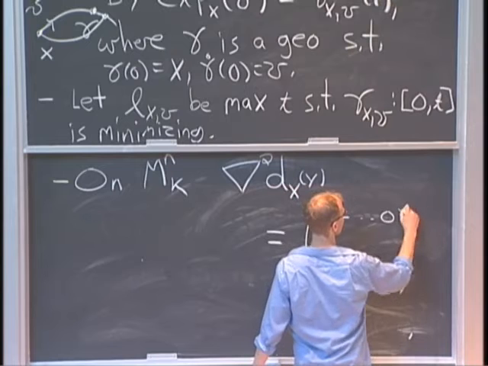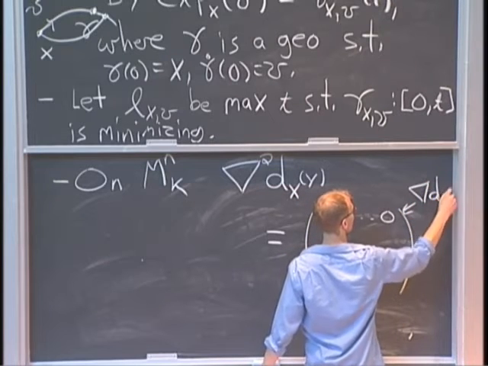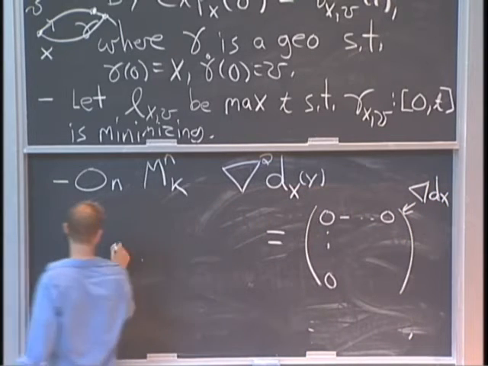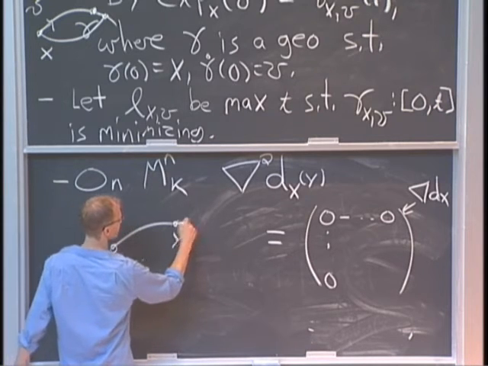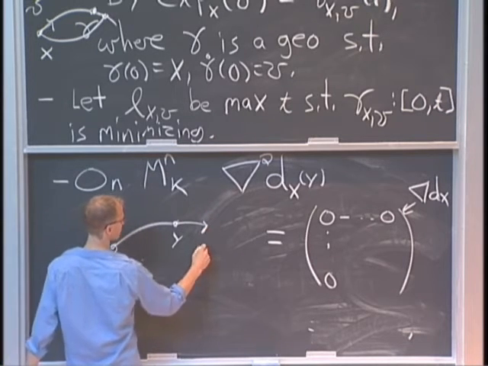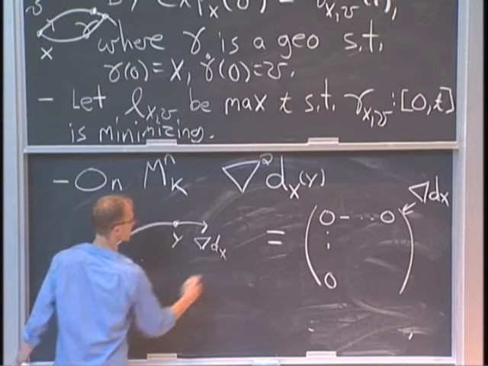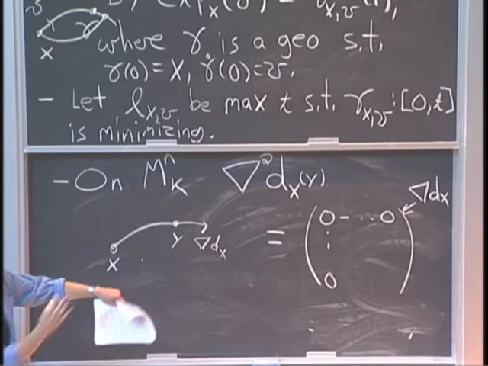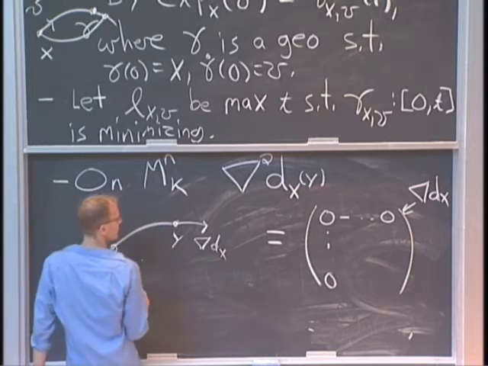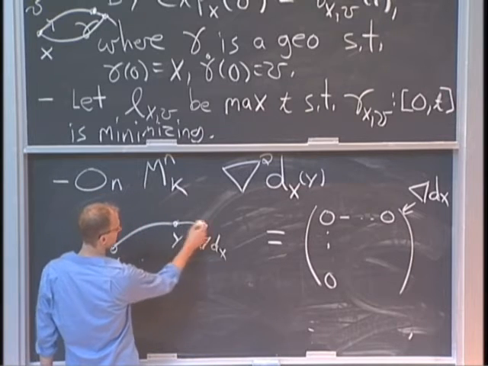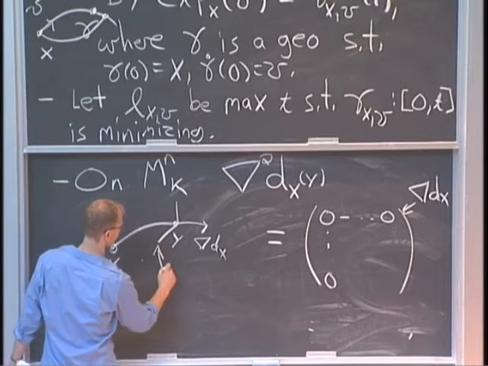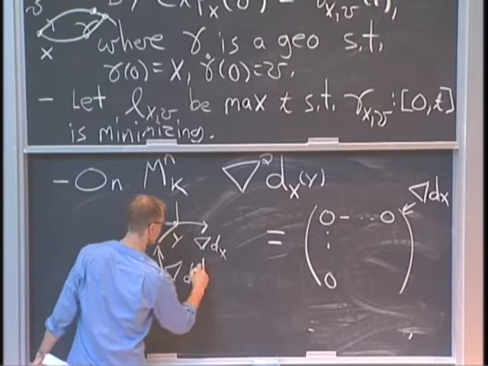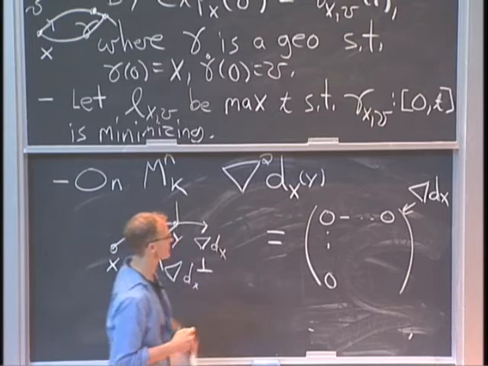What you're going to get is 0 in the direction of the gradient of the distance function. So if we pick our point x, we have our point y. We have a distinguished direction here, which is the gradient of the distance function. It's all smooth here away from the polar piece. If we break our tangent space up by looking in this direction and the perpendicular directions, then in this direction we just get 0.